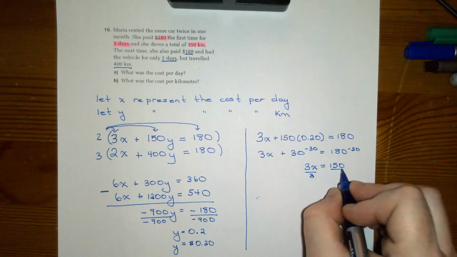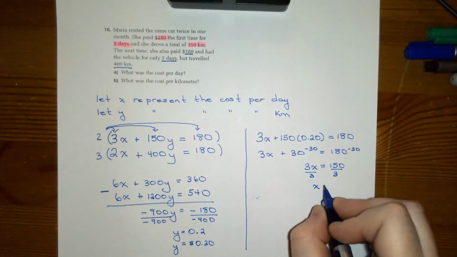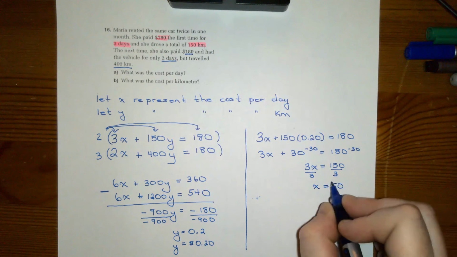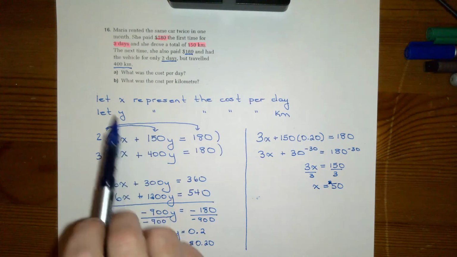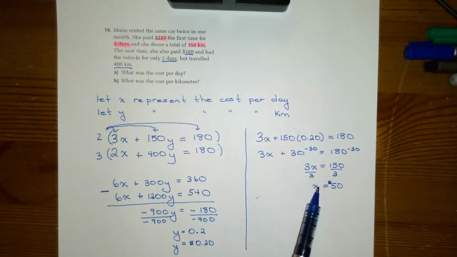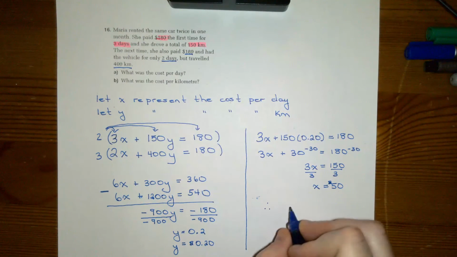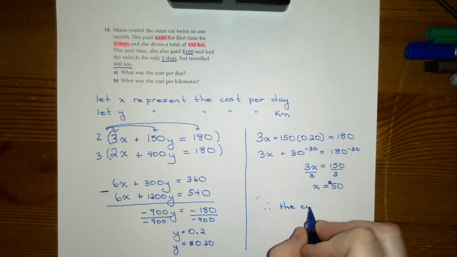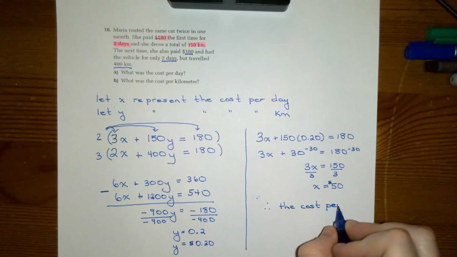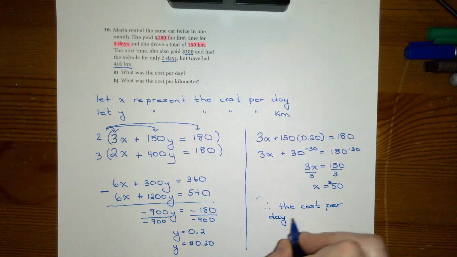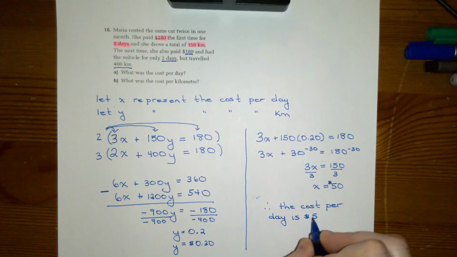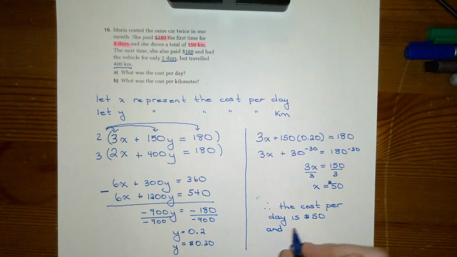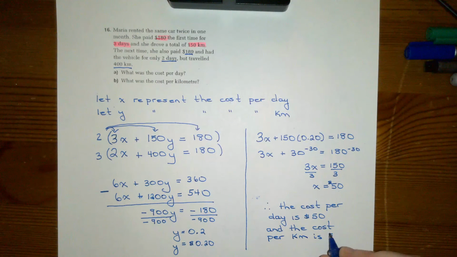And now go ahead and divide both sides by 3. So x is equal to 50, or $50. The x is the cost per day. So therefore, the cost per day is $50, and the cost per kilometer is 20 cents.